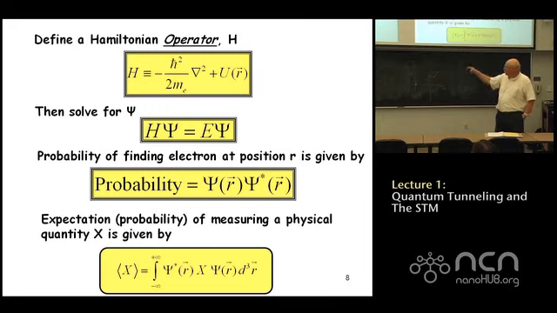So this expectation value could be the expectation value for the momentum, the position, the energy, the angular momentum, right? All the quantities that we define in classical physics, there's an analogous definition for the expectation value of that quantity in quantum physics. And the way you evaluate that expectation value is by evaluating this integral, right?